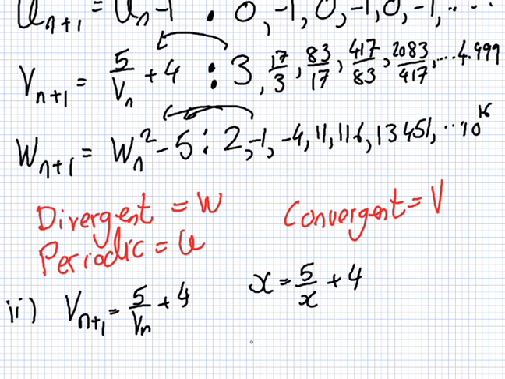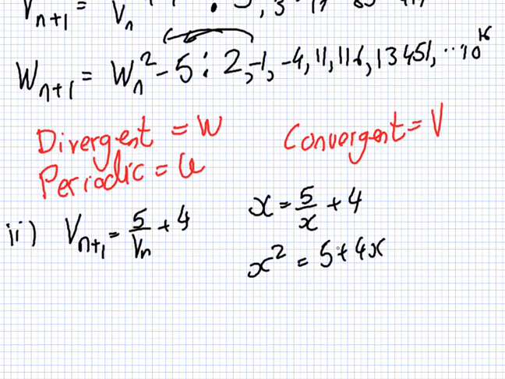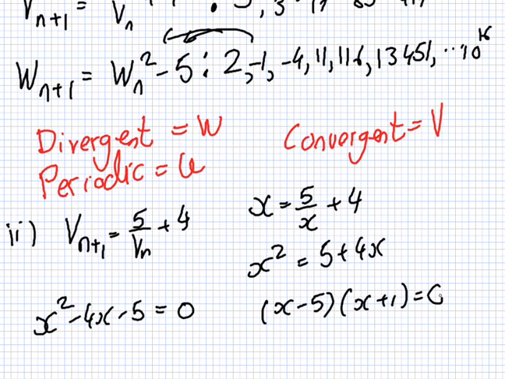Then we multiply by x. We get x squared equals 5 plus 4x. So we get x squared minus 4x minus 5 equals 0. So we get (x minus 5)(x plus 1) equals 0. So the limit equals minus 1 or 5.